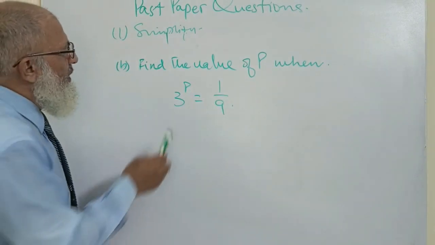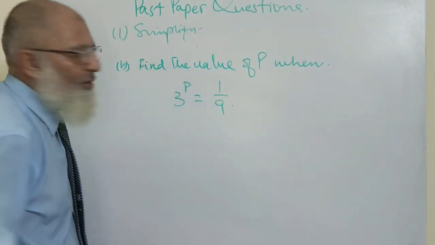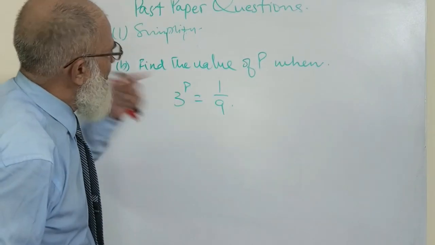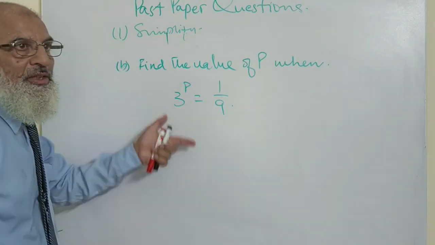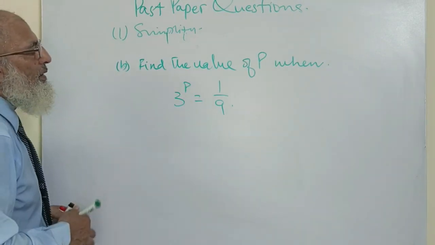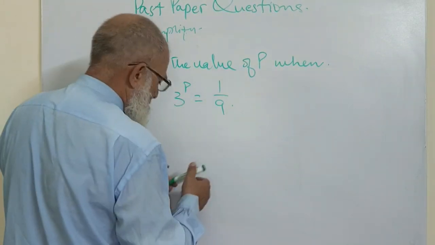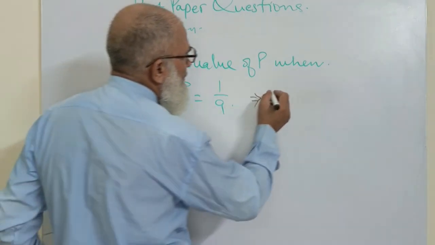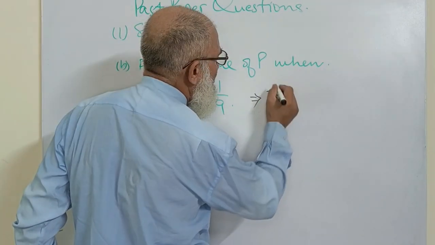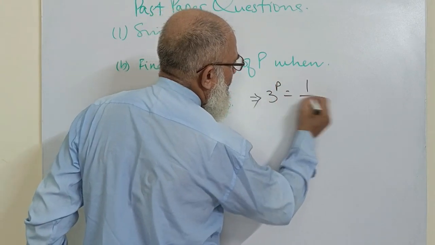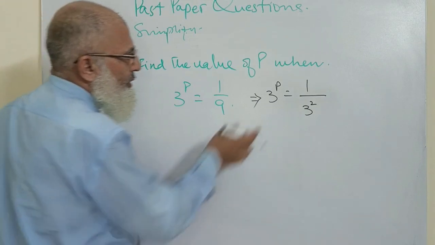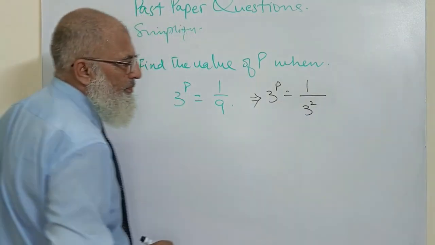Now, instead of a numerical value, we are given an alphabetical value over here, and that is p. We have done this sort of question in our practice, so it is a piece of cake again. So it is like this, 3 to the power p, or you can write it like this to make the bases the same.